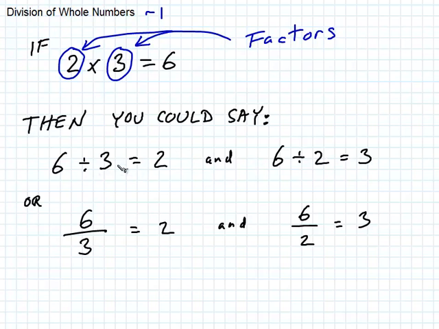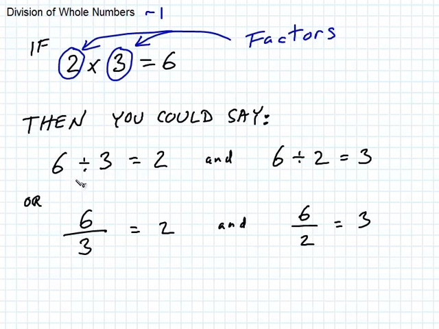Now this is the way it's sometimes written, but I'm going to show you a way it's written most of the time when you get further down the line in math. I don't know if your book shows it this way or not, because I'm not an elementary teacher, by the way. I teach high school level math. But this is what you're going to do later on anyway, so you may as well see it now.